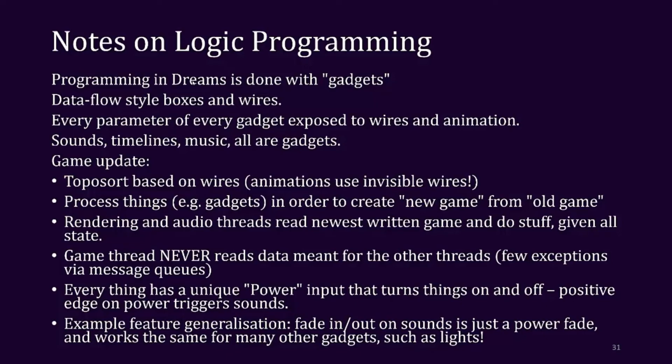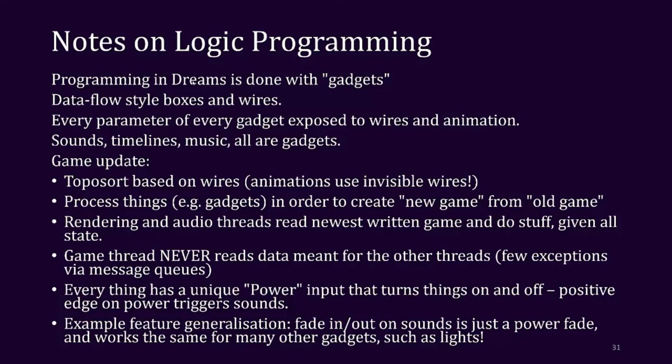So for example, timelines and music and sounds are all gadgets. So I can take a wire from any game parameter into any parameter of the sound in real time. Like maybe I can plug a character's walk cycle position to granular stretch, or plug into one of these effect fields and do a big multi-parameter transformation.